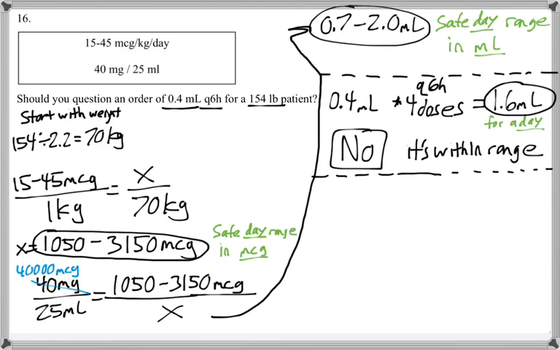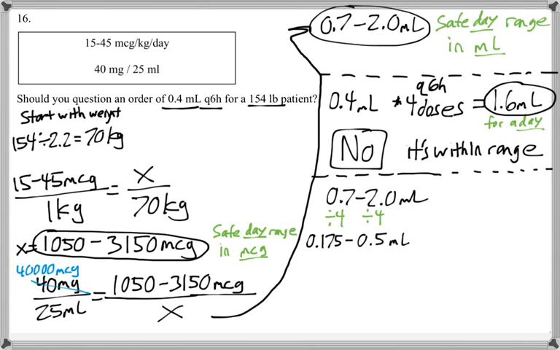So that's how I would do it. The alternate way is to take the day range, or the 0.7 to 2.0, and change that to a dose range. So divide these by 4. Again, that's from the Q6H. And if you divide those by 4, then you're going to get 0.175 to 0.5 mLs.